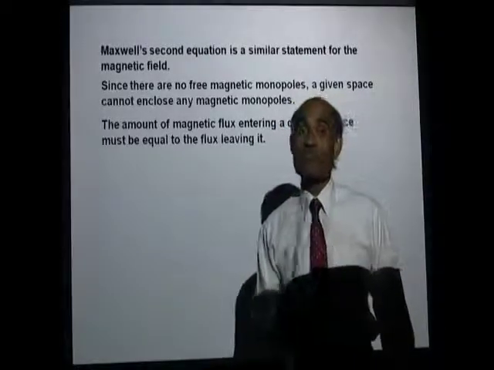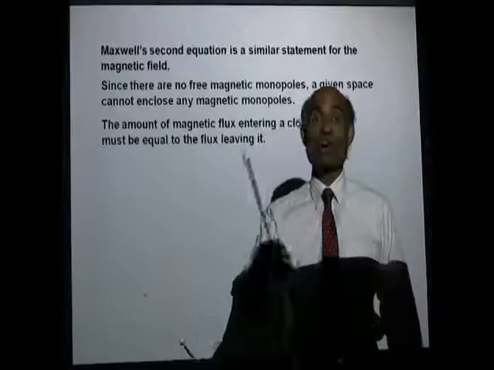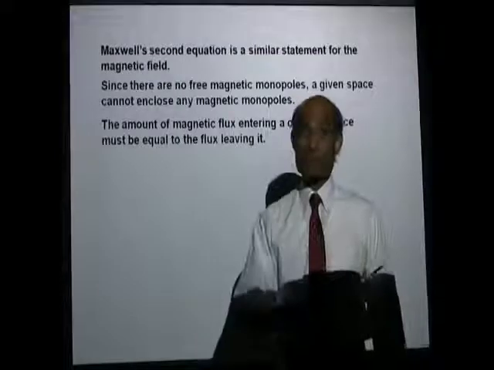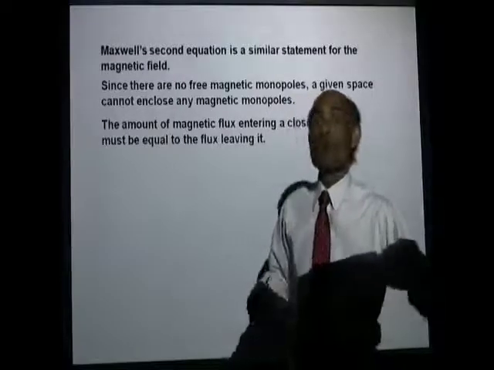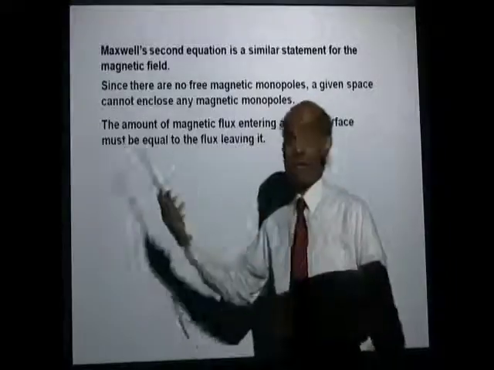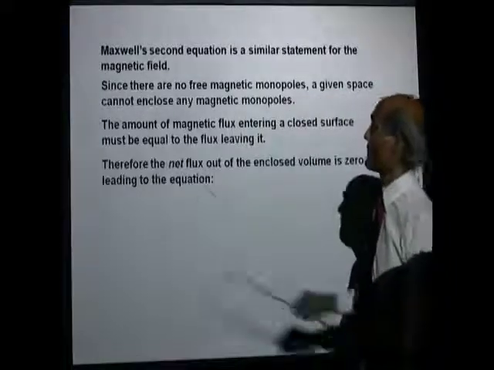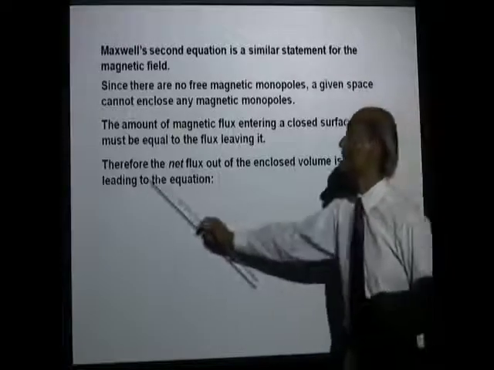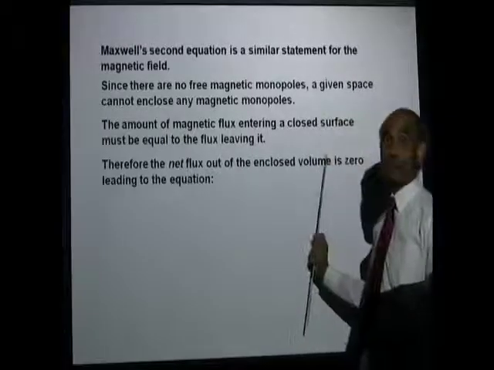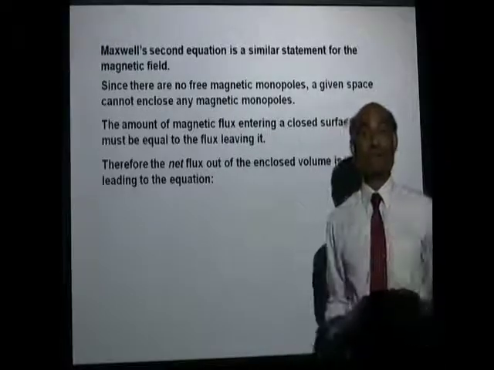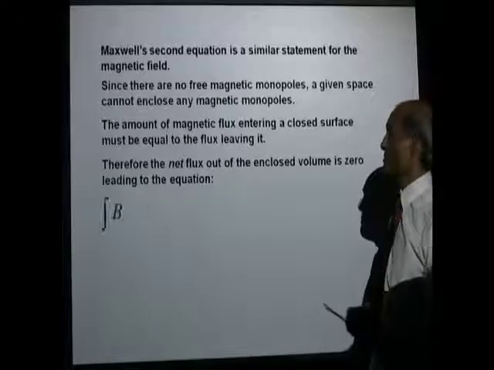Therefore, how would you define the second Maxwell's equation, which is analogous to Gauss's law in electricity? If you translate that into magnetism, it becomes the second law of Maxwell. Therefore, the net flux out of the enclosed volume is zero. Why is it zero? Because the net monopoles enclosed in that surface is zero.